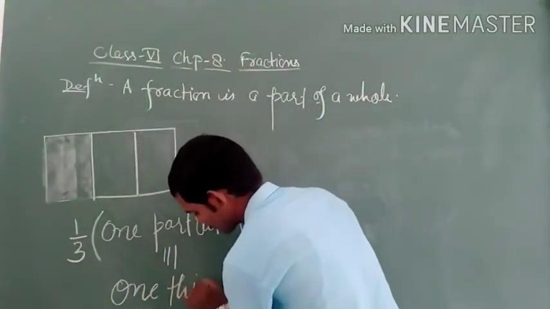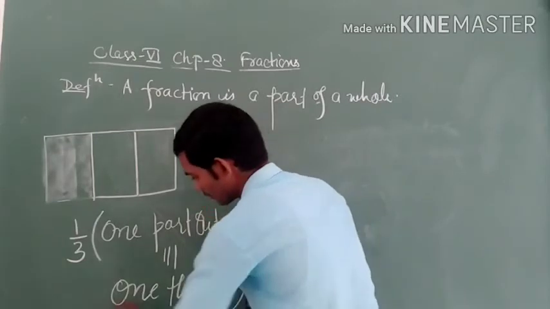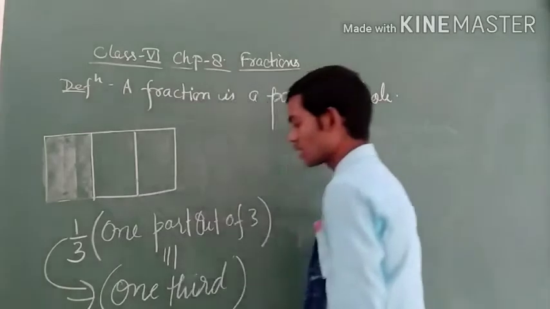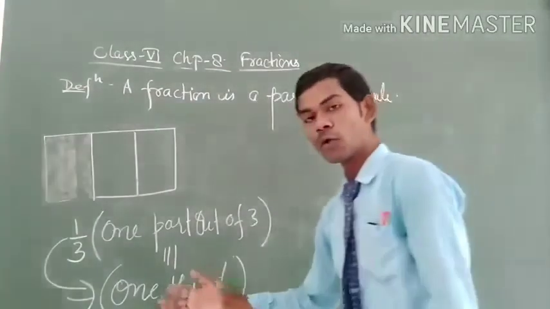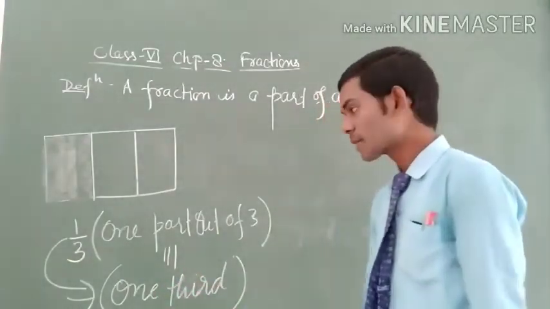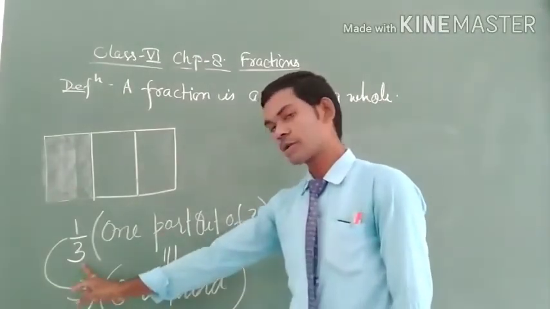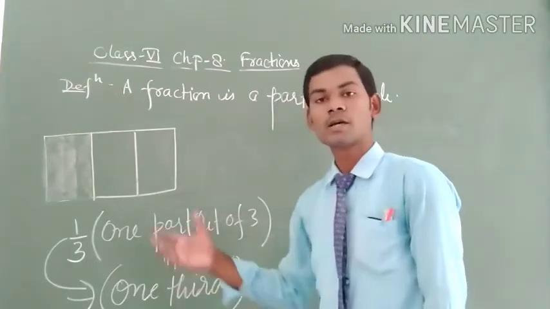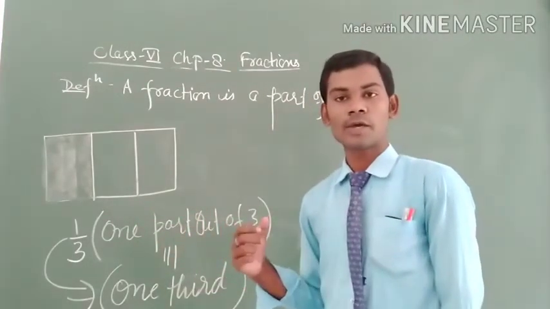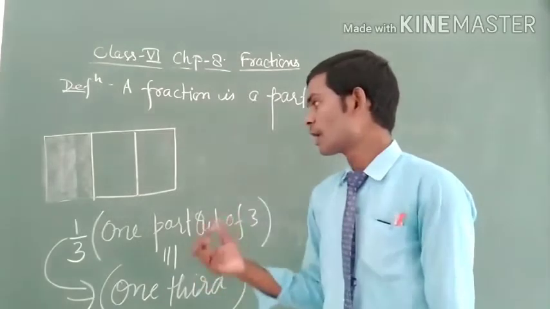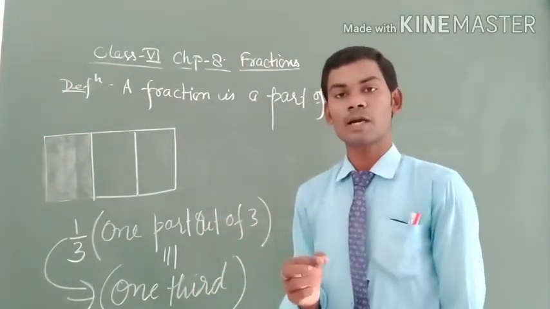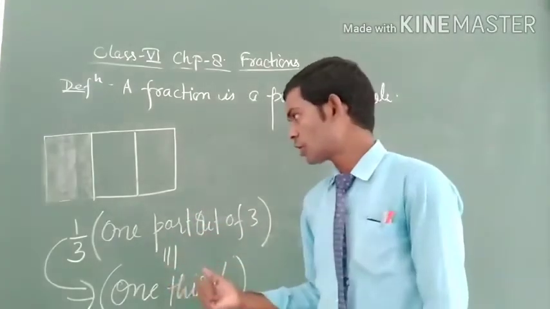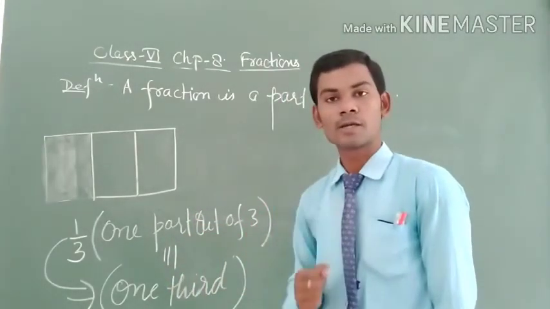The fraction 1/3 can also be called one third part of the whole, because here we have taken one part from its three parts. Therefore, it is called one third part.